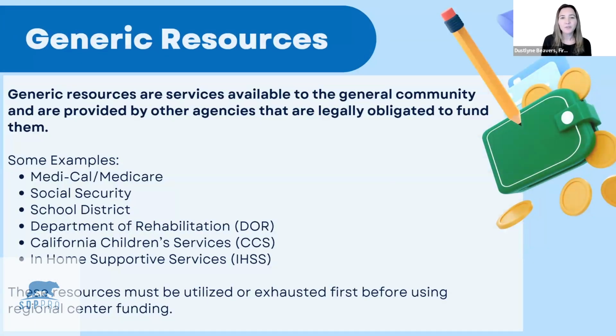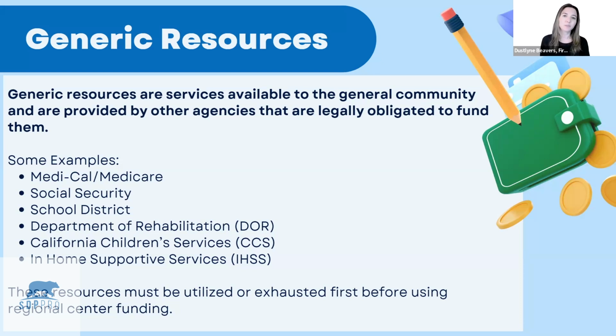Now, one of the abbreviations or common terms that you'll hear a lot with Regional Center is generic resources. We have another series that will go into greater detail on generic resources, but I want to give you a quick overview because it's an important part of the budget process. Generic resources are the services that are available to the general community and are provided by agencies that have a legal obligation to fund them.